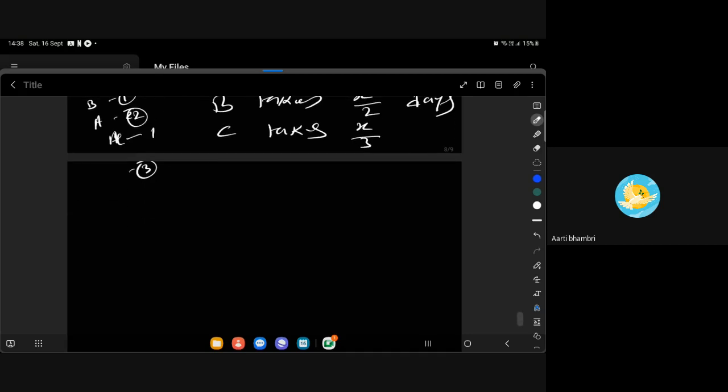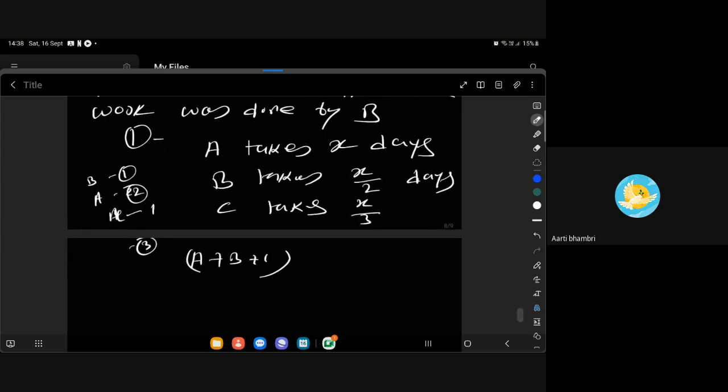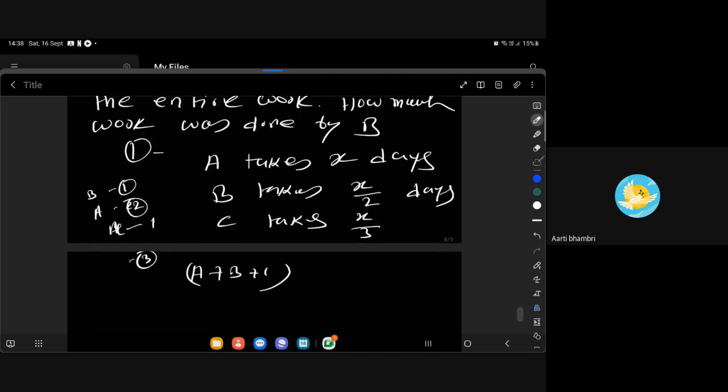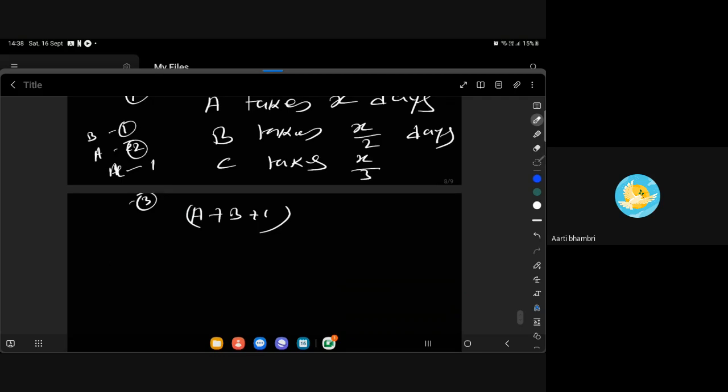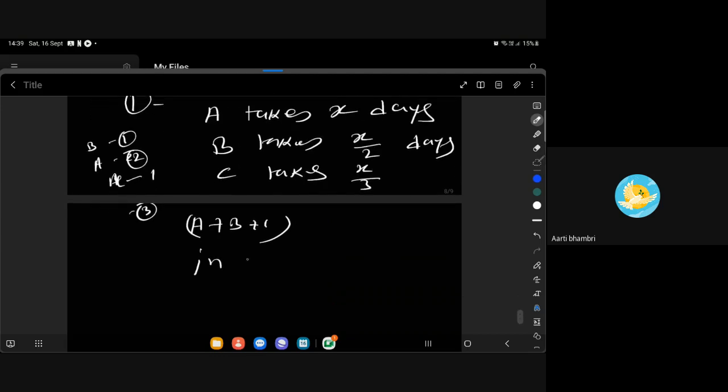Okay. Now, if they all work together, A plus B plus C, if they work together, in X days, for A, in X days he is doing one part of the job.